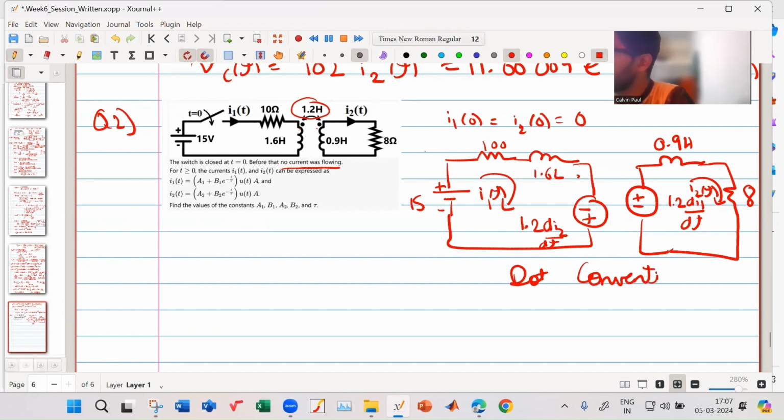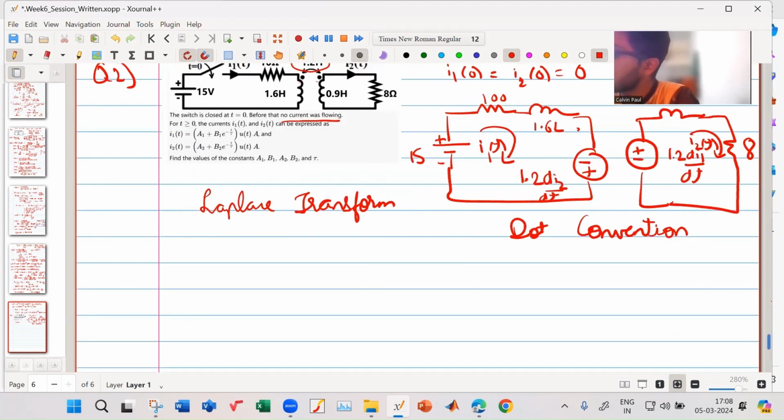Now this is complicated. So if we want to simplify, we take the Laplace transform. What is the converted circuit? That circuit is of the form. This 15 volts will be replaced by 15 upon s. 100 ohm will remain as it is. 1.6 Henry will be represented by 1.6 s.